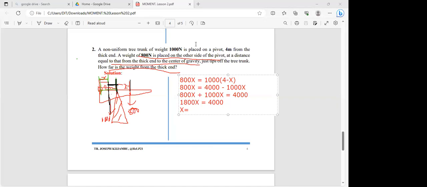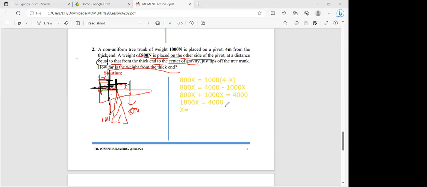I assumed that distance from the thick end to the center of gravity as x. But they told us that the distance where we put 800 from the pivot has to be equal to that distance. That's why we are using x and x, because that distance is equal, according to the question. But the distance of the 1,000 from the pivot will be 4 minus x. That is why we are using one unknown.